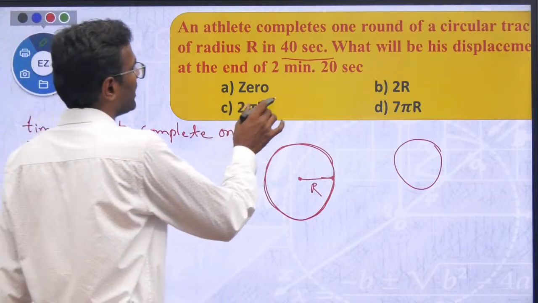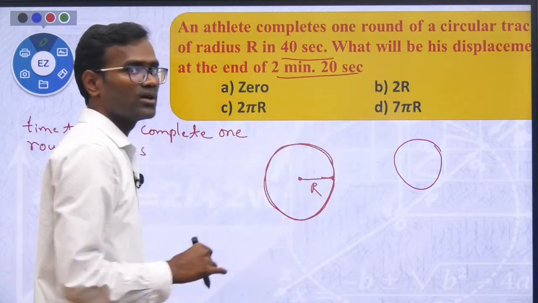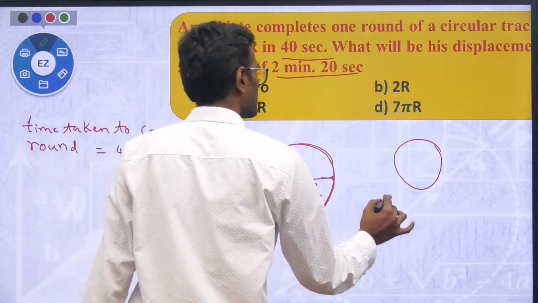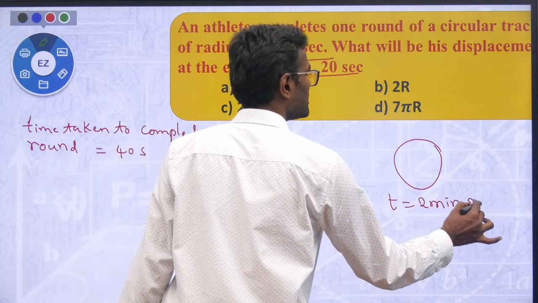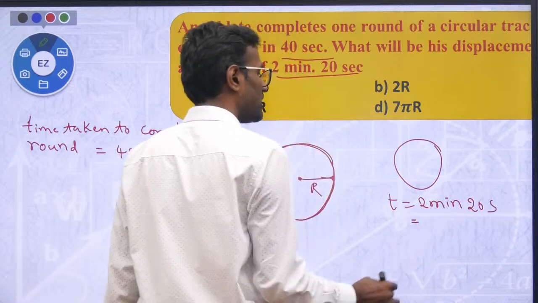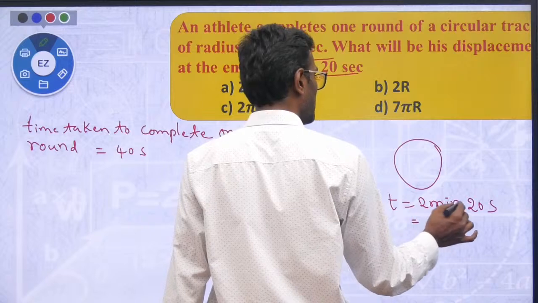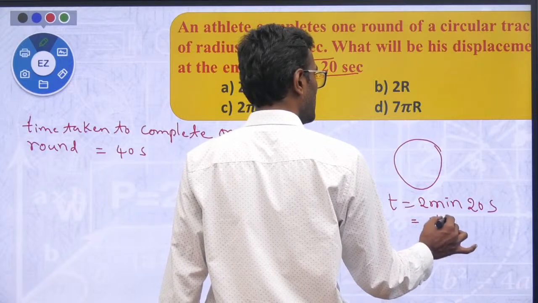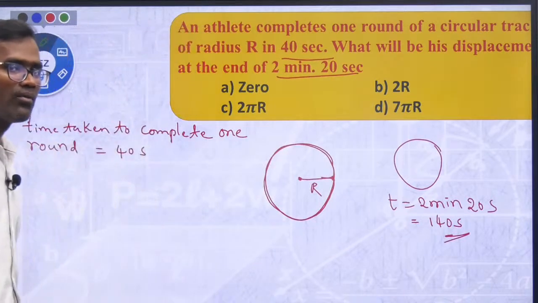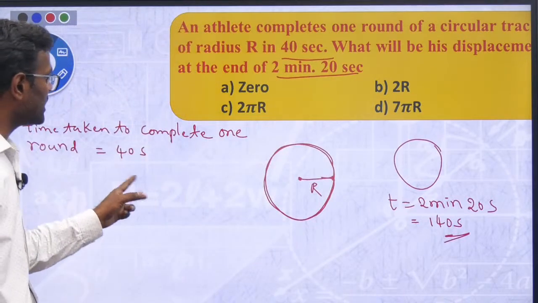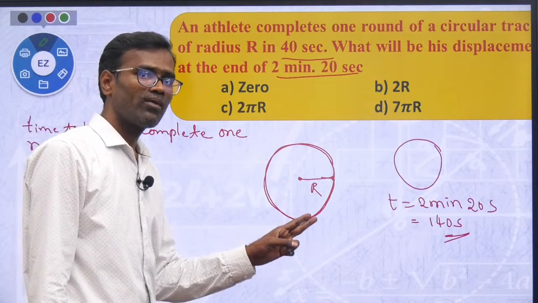But here what is asked is the displacement at 2 minutes 20 seconds. Converting 2 minutes into seconds, 2 into 60 is 120, plus 20, that is 140 seconds. After 140 seconds, as I already said, one round takes 40 seconds, 2 rounds 80 seconds, 3 rounds 120 seconds.